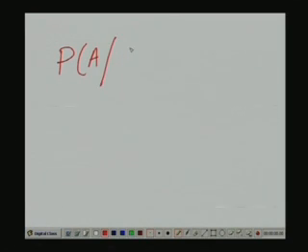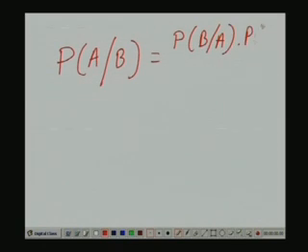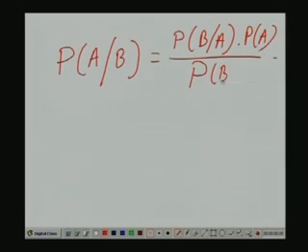We know that you can always write P(A given B) is the same as P(B given A) into P(A) divided by P(B). This was discussed earlier. Again, we can use the same concept in the case of distributions, we can write this.